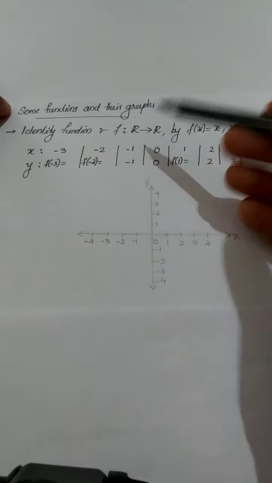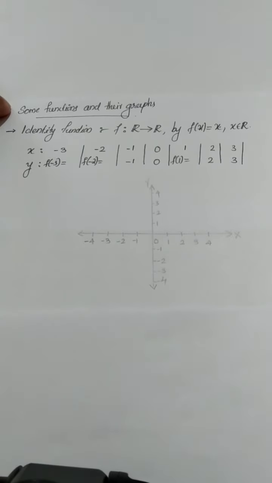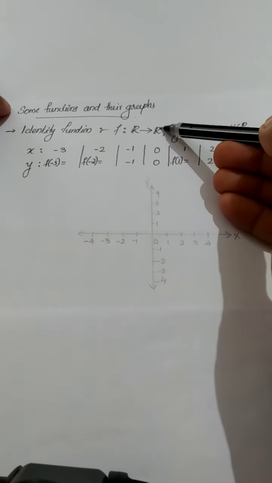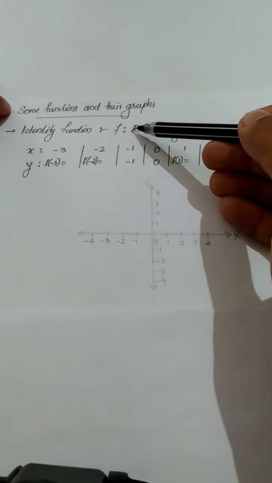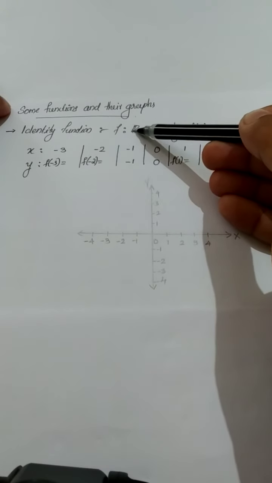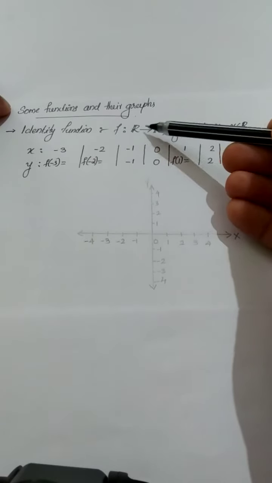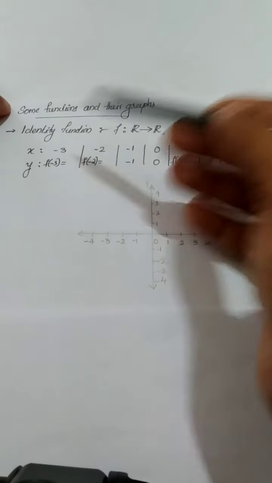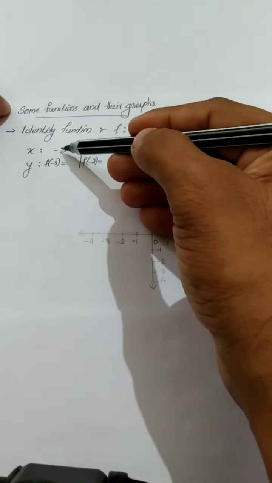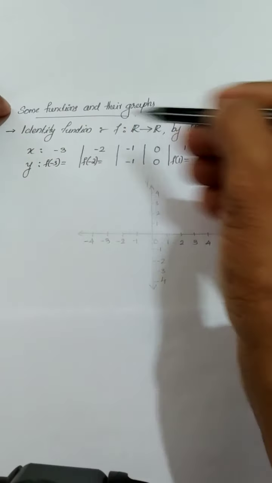Here it is f from R to R. So we have talked about these real numbers. We cannot find a starting number, but in this case we are letting -3. So what is my f(-3)? Image of -3. f(x) equal to x.